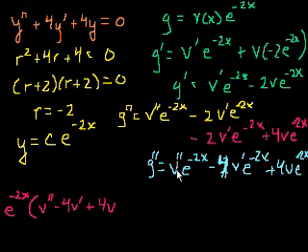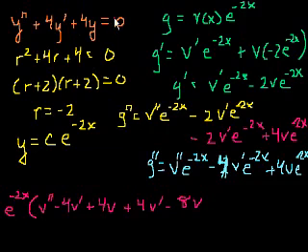Right? If I just distribute this out, I get the second derivative, which is this, plus 4 times the first derivative, and I'm also going to factor out the e to the minus 2x. So plus 4 times this. So it's going to be plus 4v prime minus 8v. Once again, I factored out the e to the minus 2x.